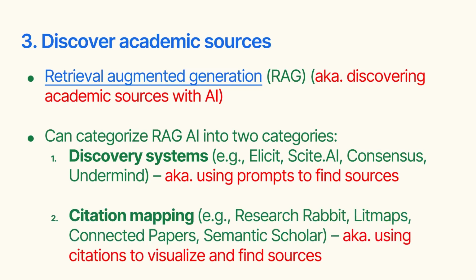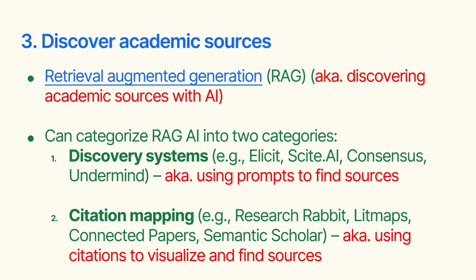What also is nice is that other piece we were talking about, citation mapping. So this, you can use a seed article and it'll show you and visualize the citations that are associated with that seed article.